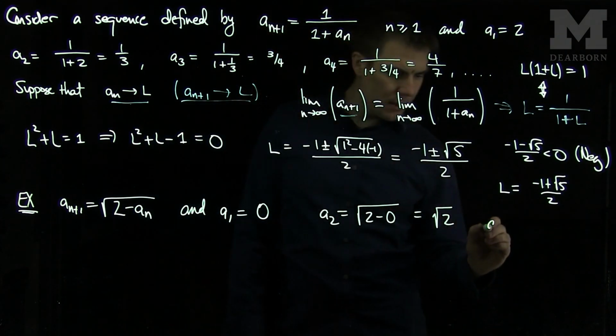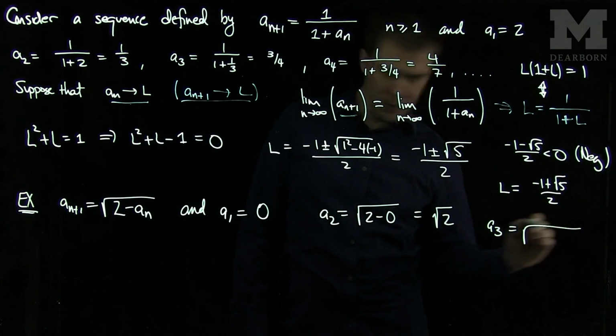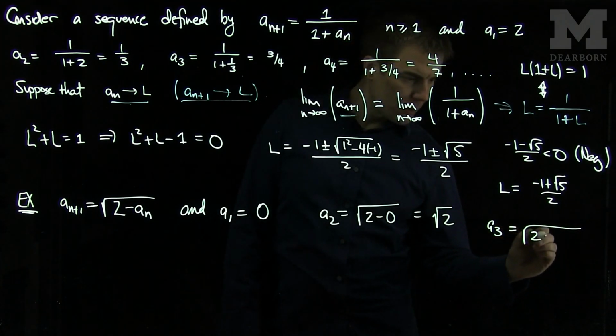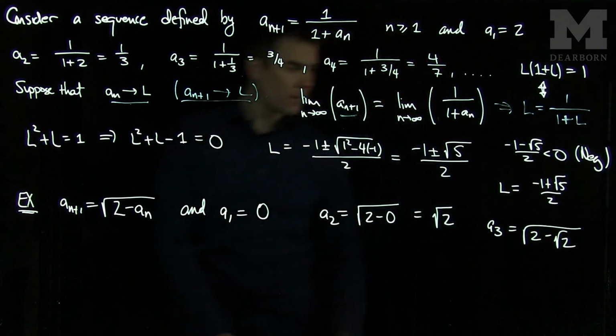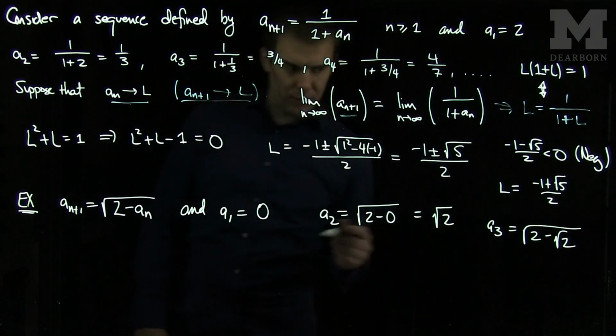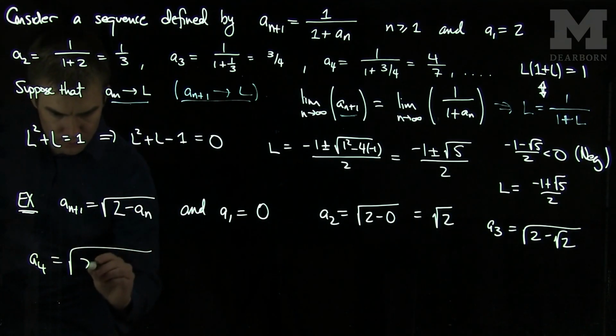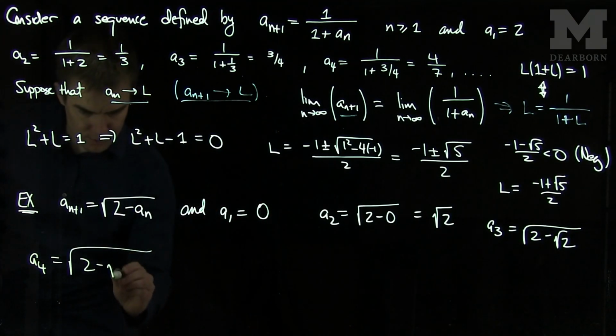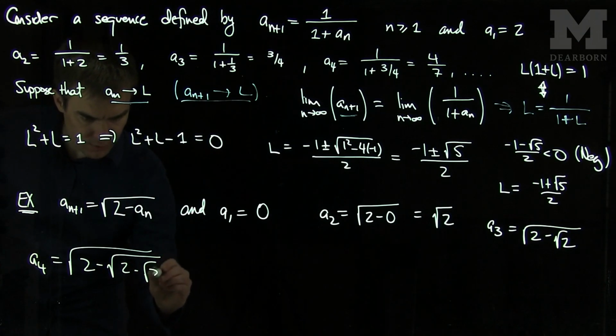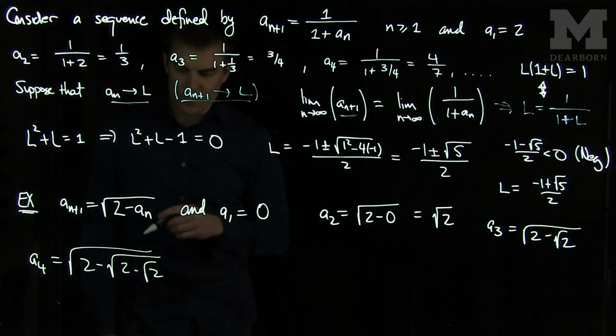And then a3 would be the square root of 2 minus the square root of 2. We can keep doing this over and over again. Let's do one more. a4 would be the square root of 2 minus the square root of 2 minus the square root of 2, and we get this nested family of square roots.